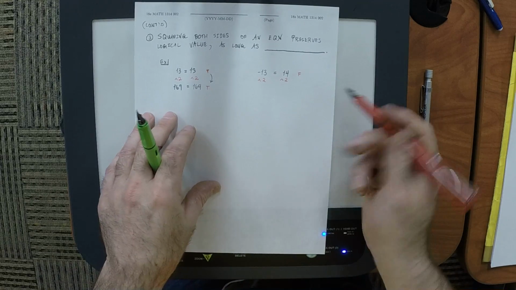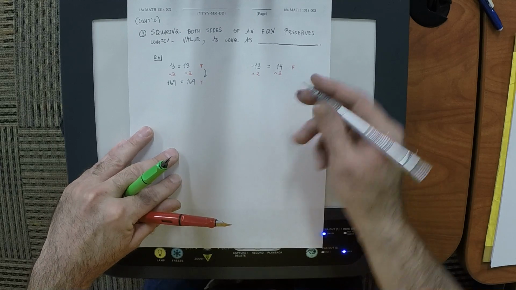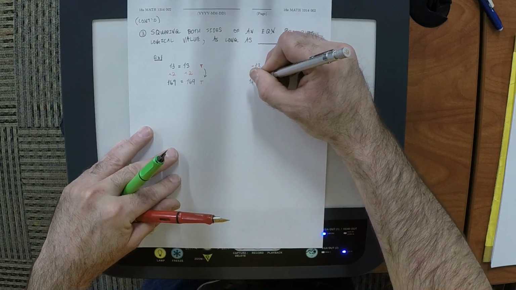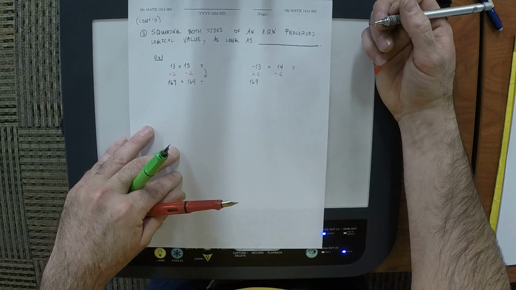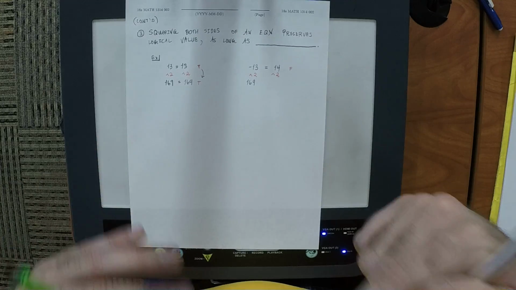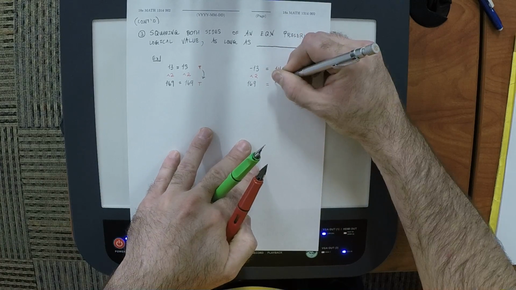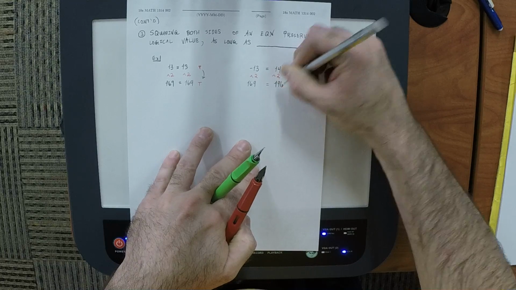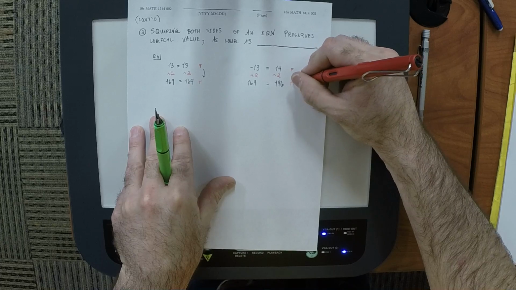What is the left-hand side? 169. But wait a minute. 169, what happened to the negative? Yeah, when you square, the negative goes away. So then 14 squared is 196. And this is also false.